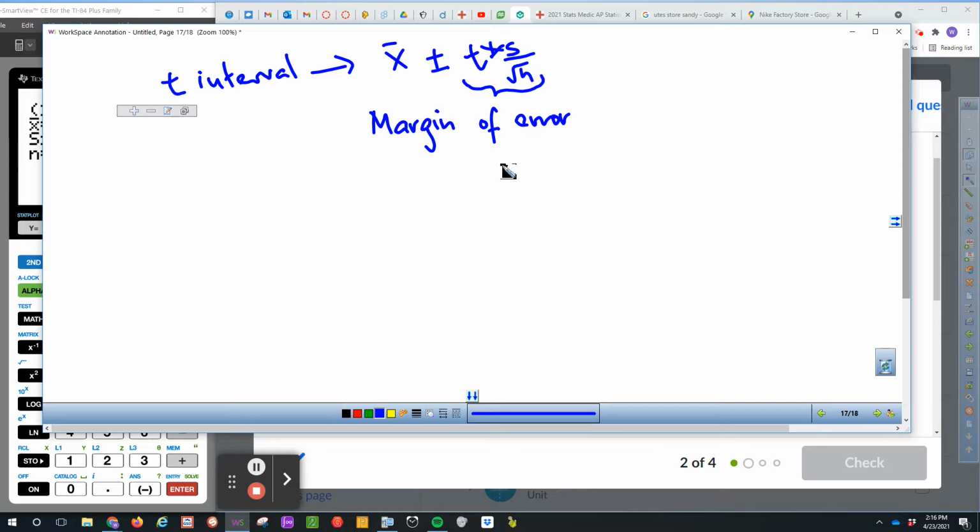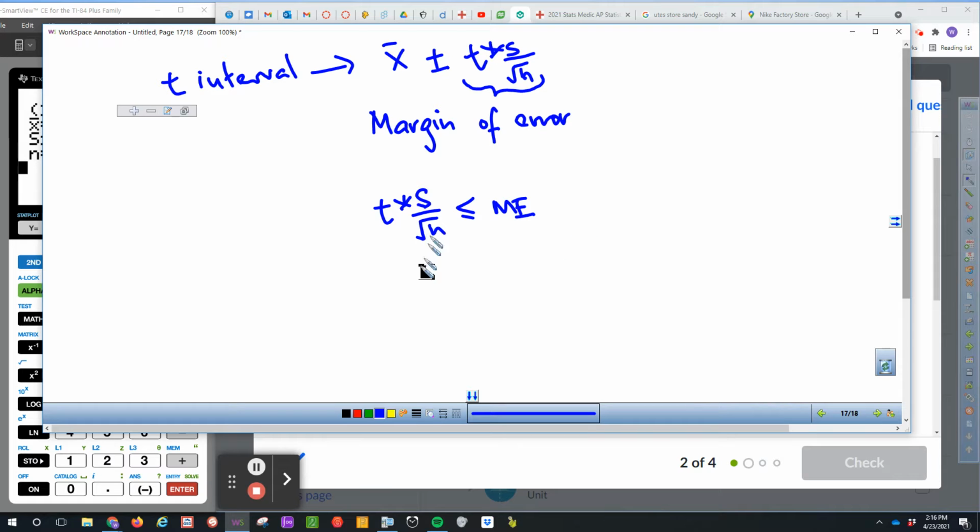When you specify the margin of error, you want to find out what the sample size is. So t star times s divided by root n is the margin of error.